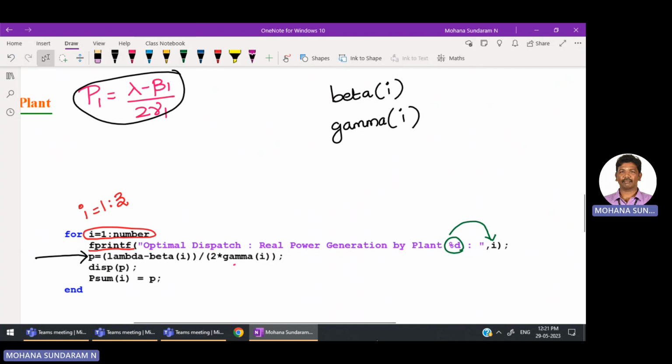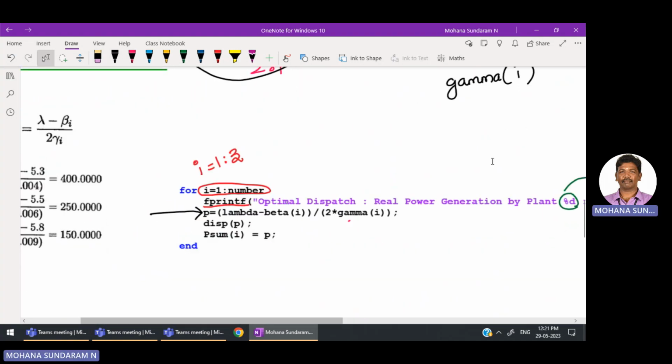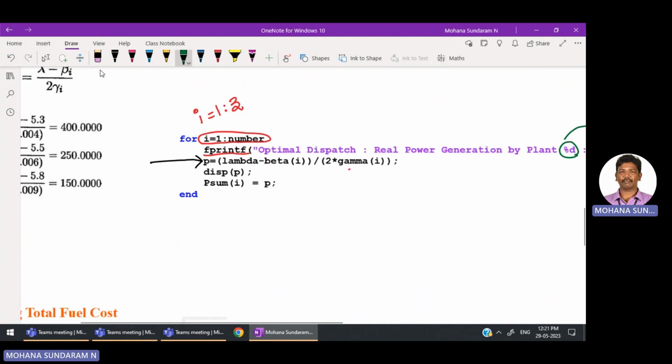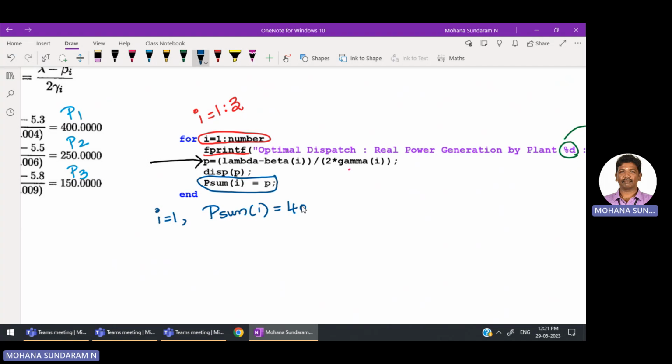Now you can see that on the left-hand side we have already found the values: P1 is 400, P2 is 250, and P3 is 150. What I'm going to do here is have a new line, P sum of I equal to P. When I is equal to 1, P sum of 1 equals 400.